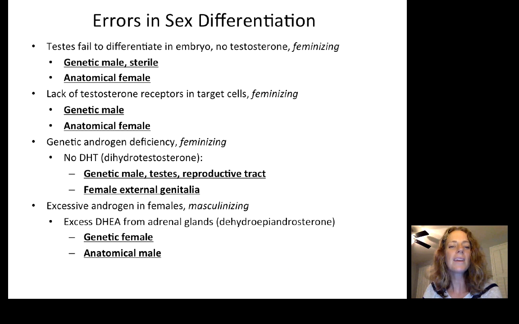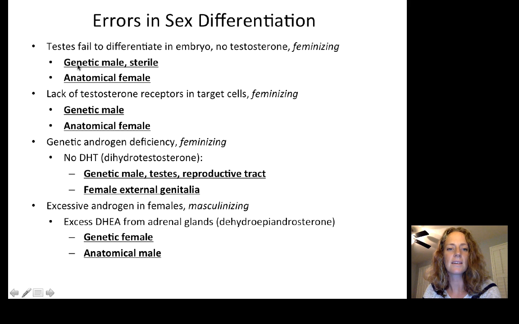So you can probably hear from some of the examples I have already drawn for you that there are errors that can happen in sex differentiation. For example, testes can fail to differentiate in the embryo. This is often because there is not enough testosterone. So not enough testosterone is feminizing. That is, a failure to produce enough testosterone can produce a female phenotype.